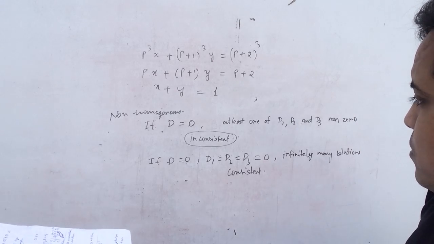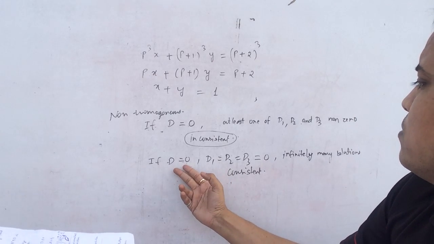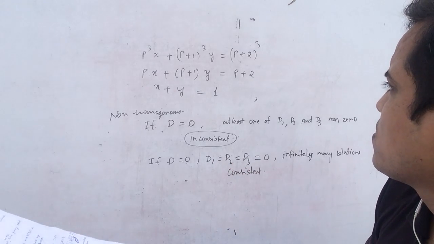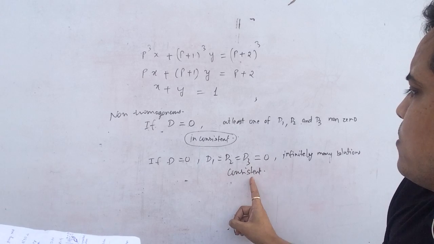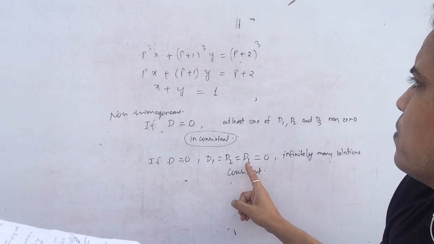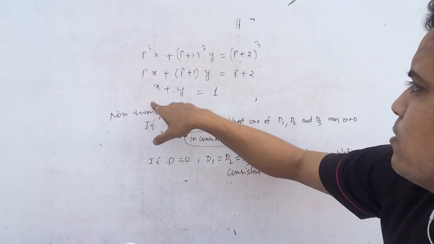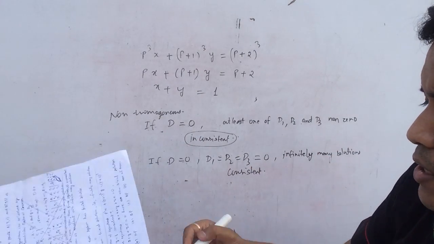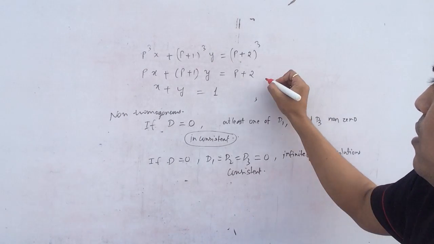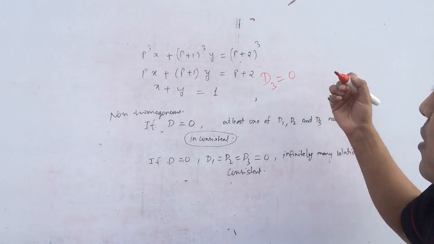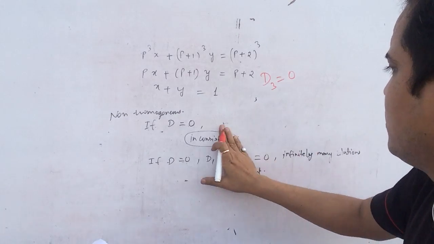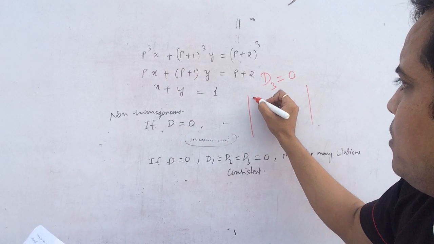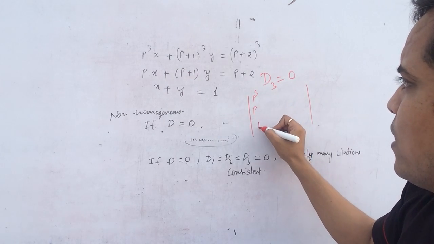The system is consistent when d equal to 0, or d1 equal to 0, or d2 equal to 0, or d3 equal to 0. So here the system is consistent when d3 equal to 0. What is d3? When you write d3, first the coefficient of x in the first column: p cube, p and 1.